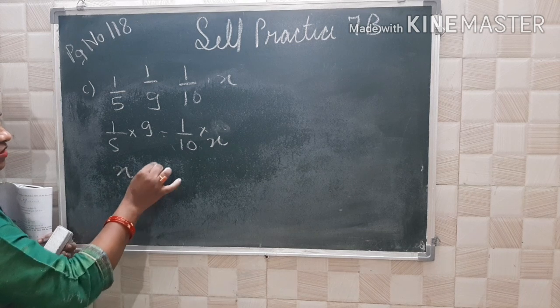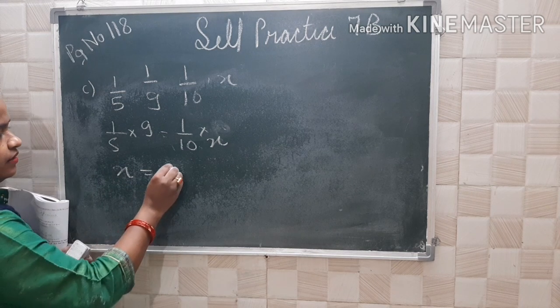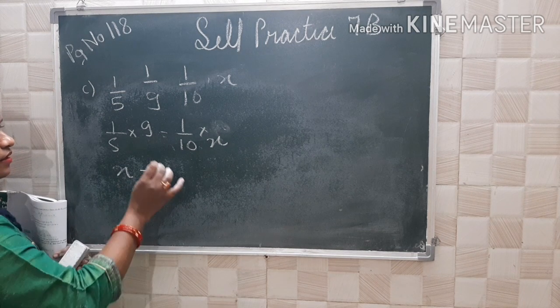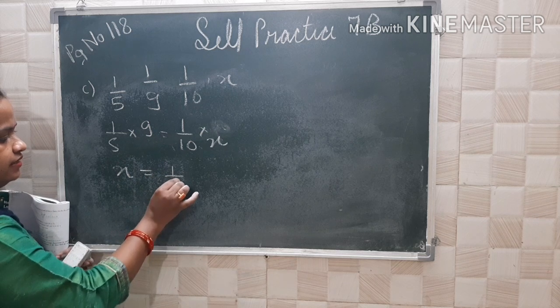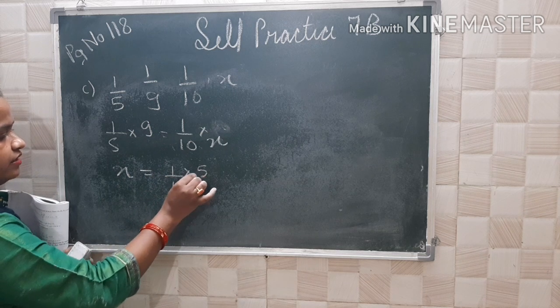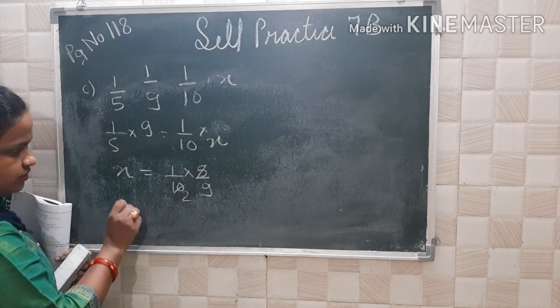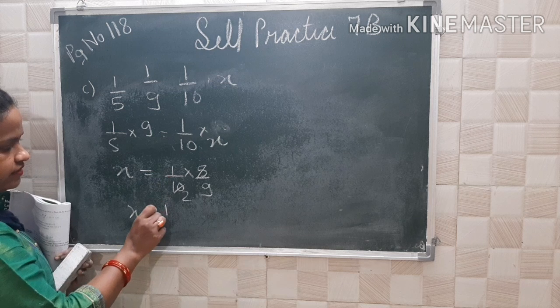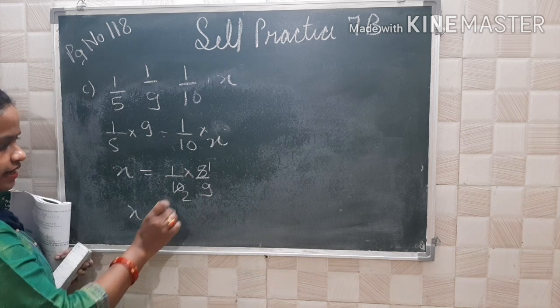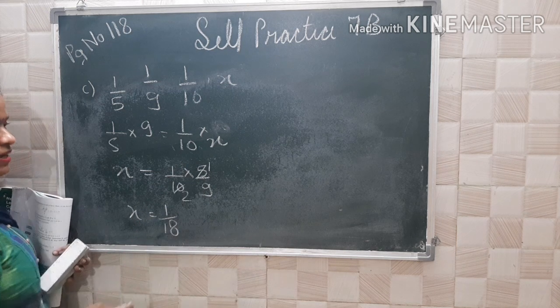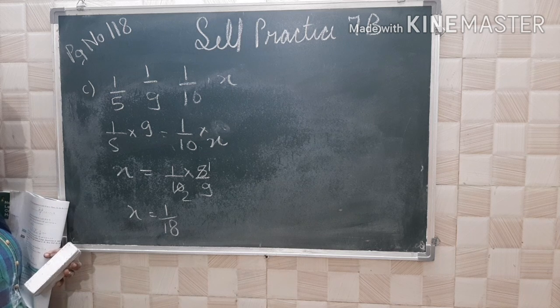What will x be equal to? 1 upon 10 into 5 upon 9. So x is equal to 5 ones are 5, 1 ones are 1 and 9 2s are 18. So x is equal to 1 upon 18.